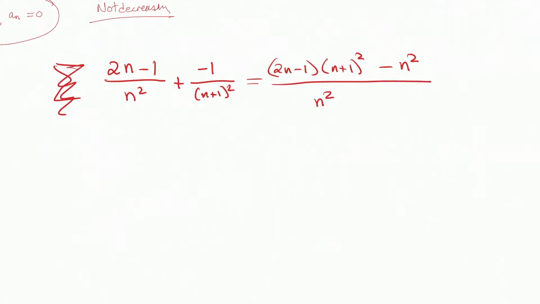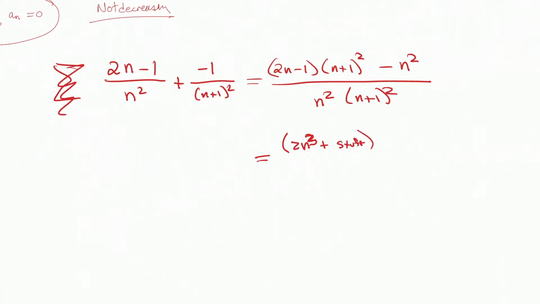Now let's get rid of this for a sec. n plus 1 squared. And that's going to equal, okay, I'll write it out. I'm reticent to write out all of this, but you probably don't care. So let's just do it this way: 2n cubed plus stuff.